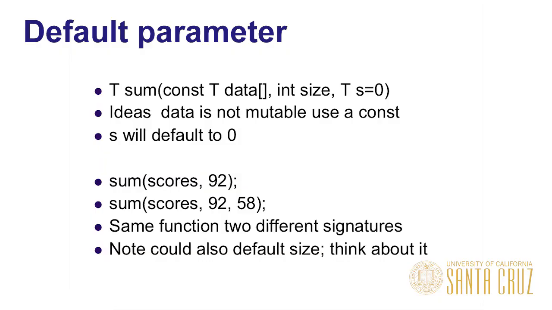We also have in C++ the concept of const correctness. So we can't do this in C, but in C++, by specifying const here, that means any data sitting in that array is not mutable.